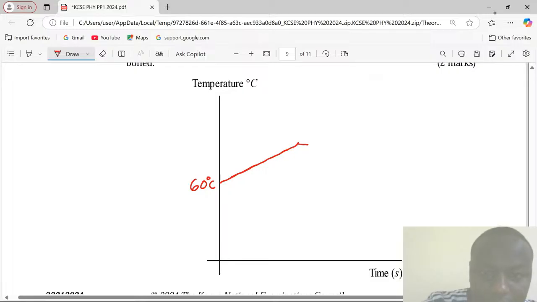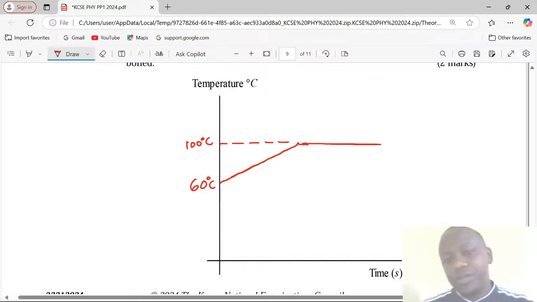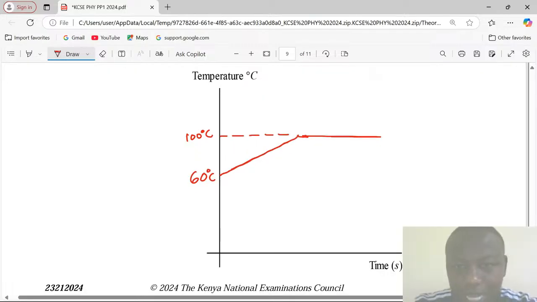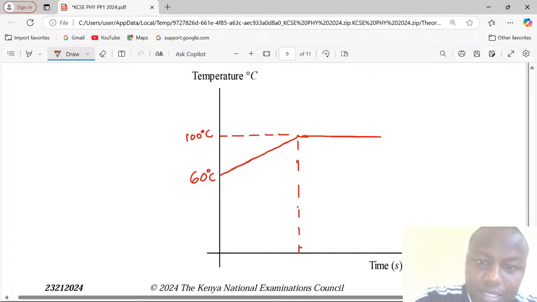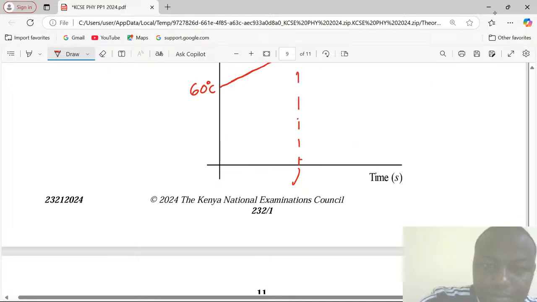Then assuming that the water was pure, at around 100 we will have the graph flattening. This is at around 100, which is the boiling point of pure water. All this is happening after time t, because on this axis we have time t.